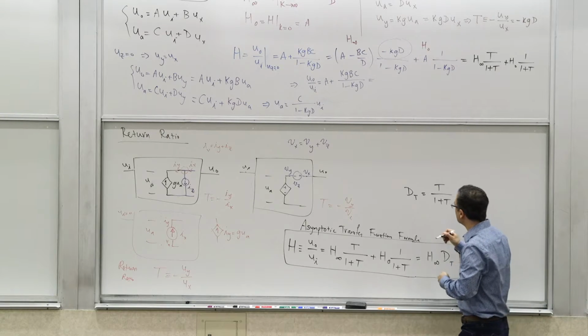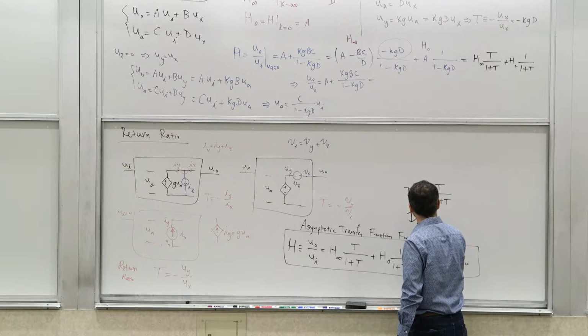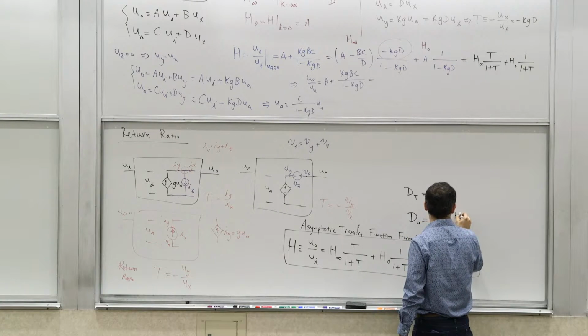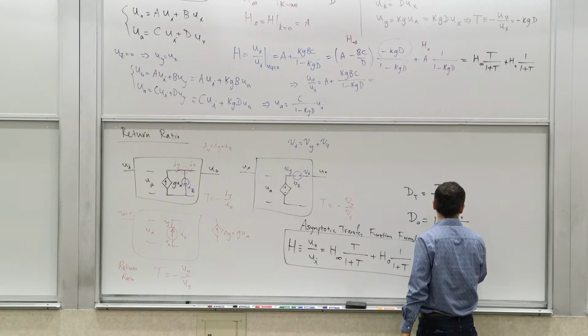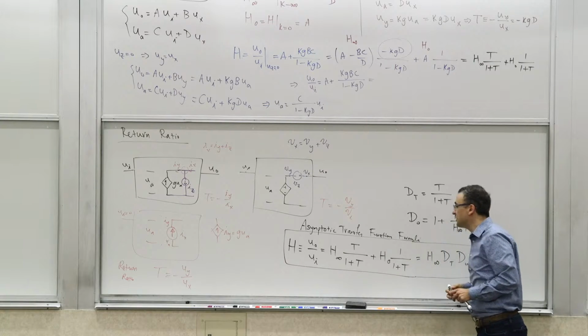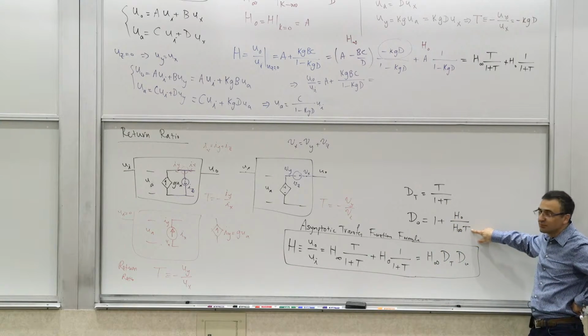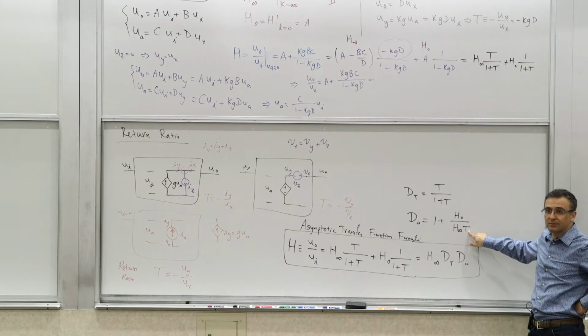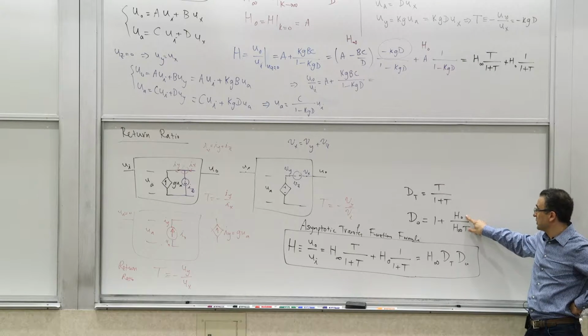How about d0? d0 is 1 plus h0 over h infinity times t, which again can be made close to 1, can approach 1 if t becomes very large, or your h0 becomes very small.